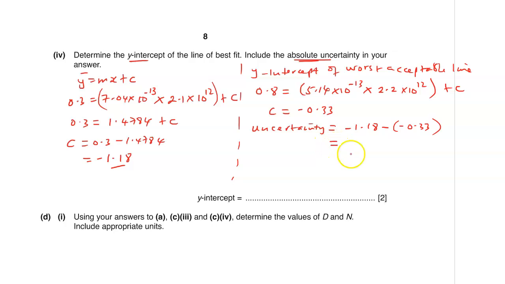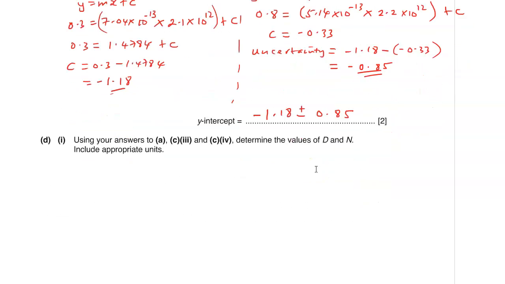When you work that out, you'll find the value is minus 0.85. So the y-intercept is minus 1.18 plus or minus the uncertainty, which is 0.85. There you go.